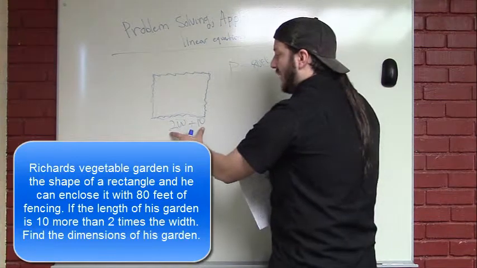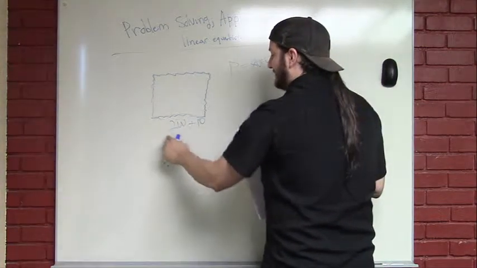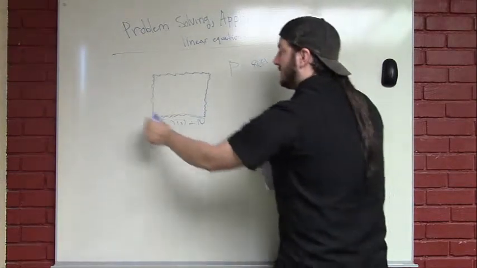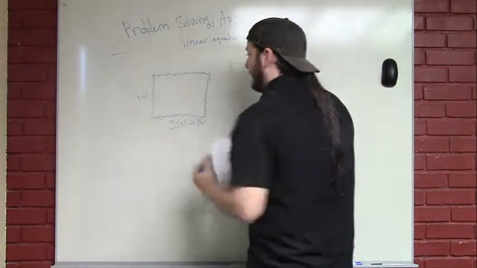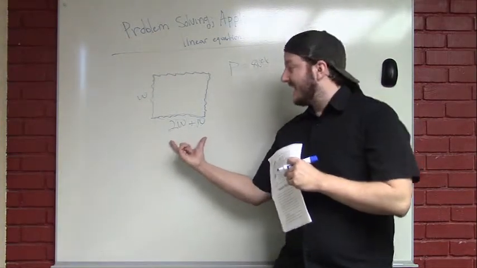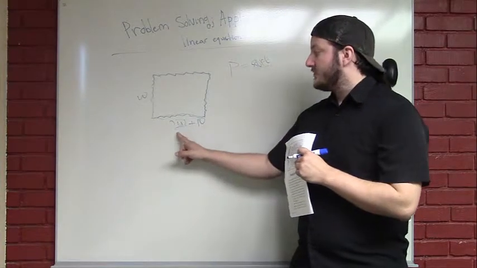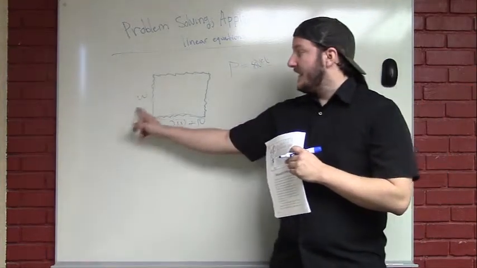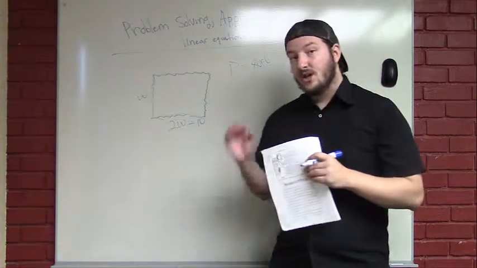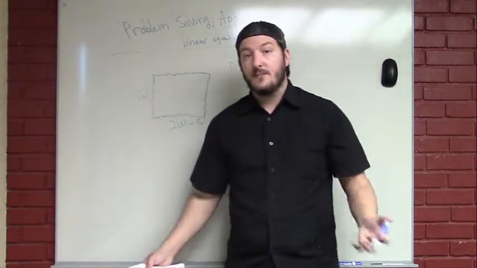When it says the length is in terms like this, and you have a W in there, you're always just going to make your other side just that letter. So this represents our length, and this is width. Our length is 10 more than 2 times the width, and then our width is just W. Now, it says find the dimensions of my garden.